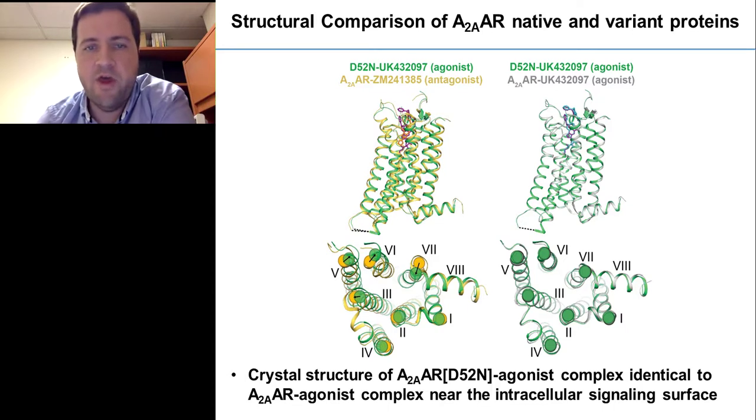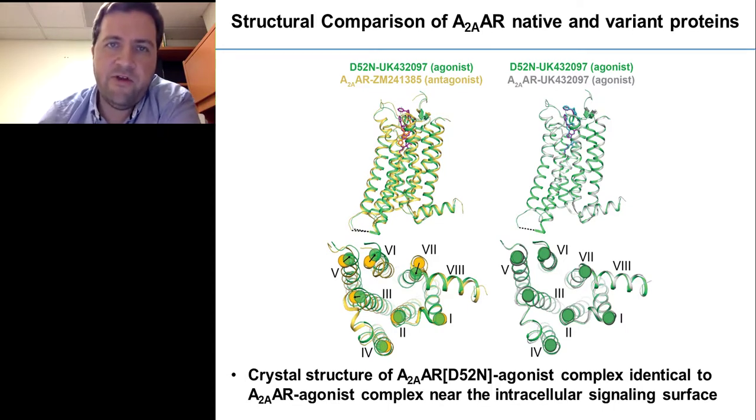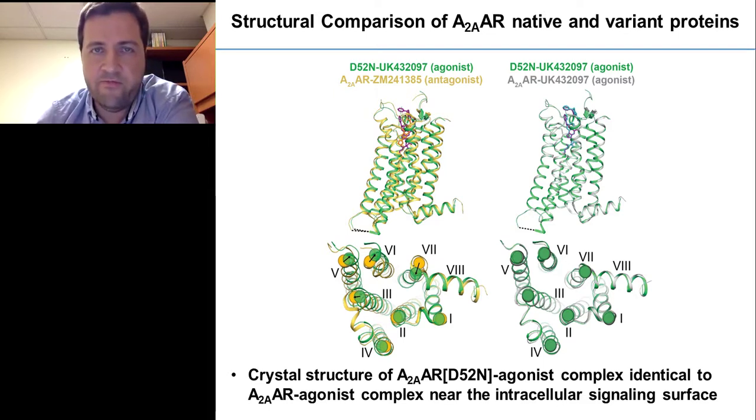On the right, we see essentially no change whatsoever. Now, this is interesting because at the intracellular surface, there's no signaling observed for the D52N variant protein, whereas the native protein does signal. So from this view, the two structures are the same, and in that respect don't fully explain the differences that we see with the data.